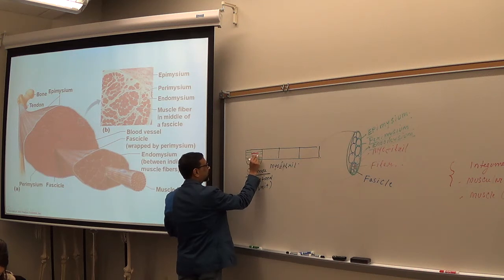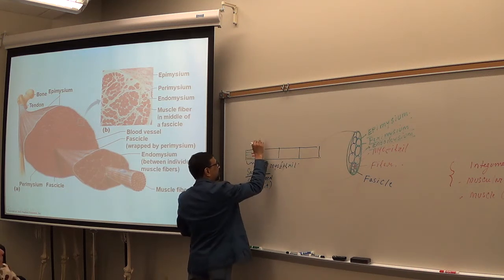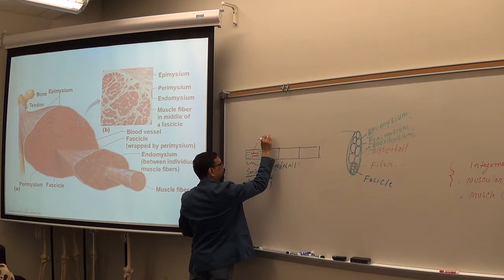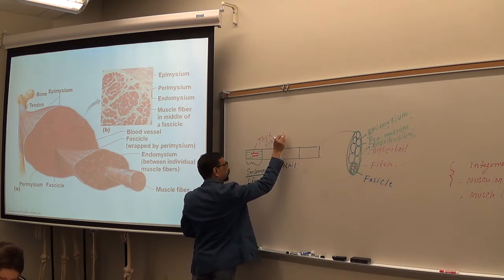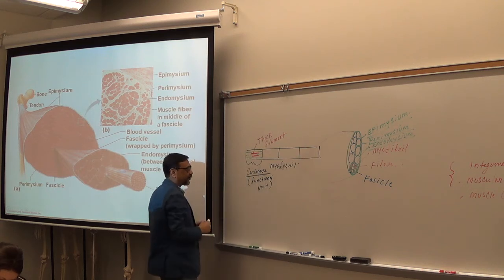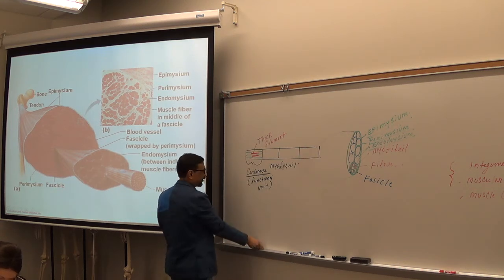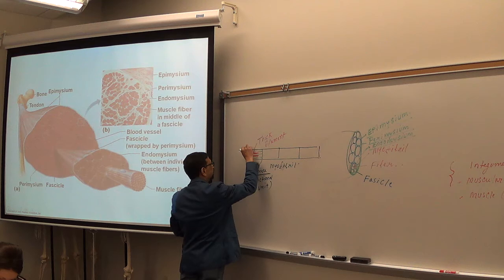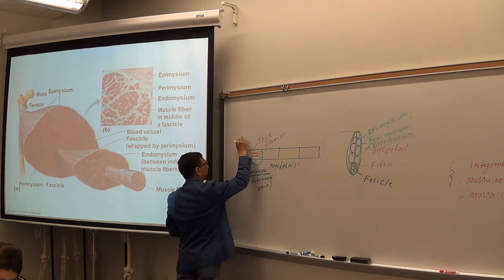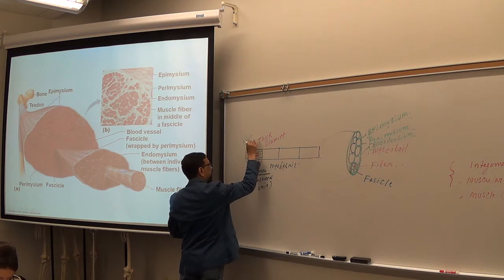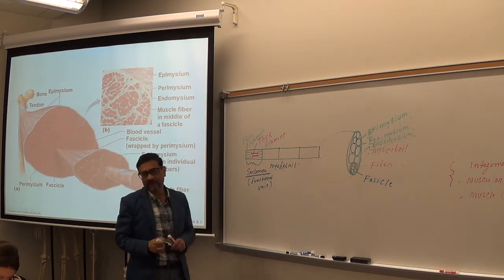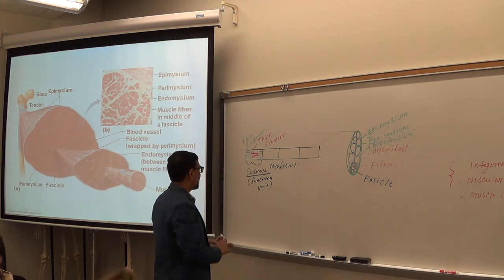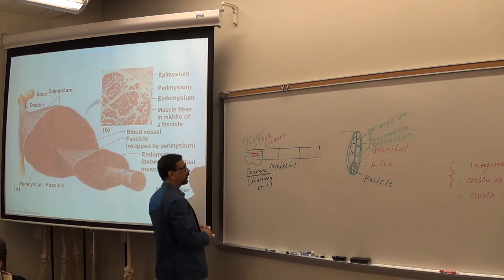The red ones are thick filaments and the green ones are thin filaments. Okay? So two types of filaments inside the sarcomere, thick filaments and thin filaments.